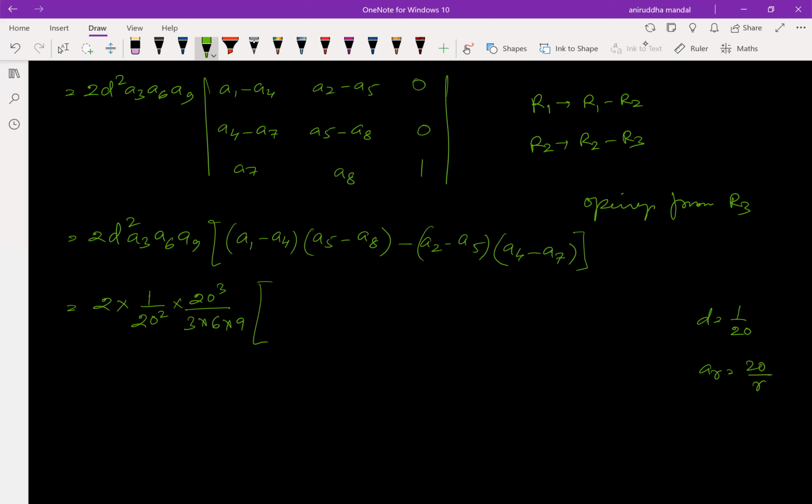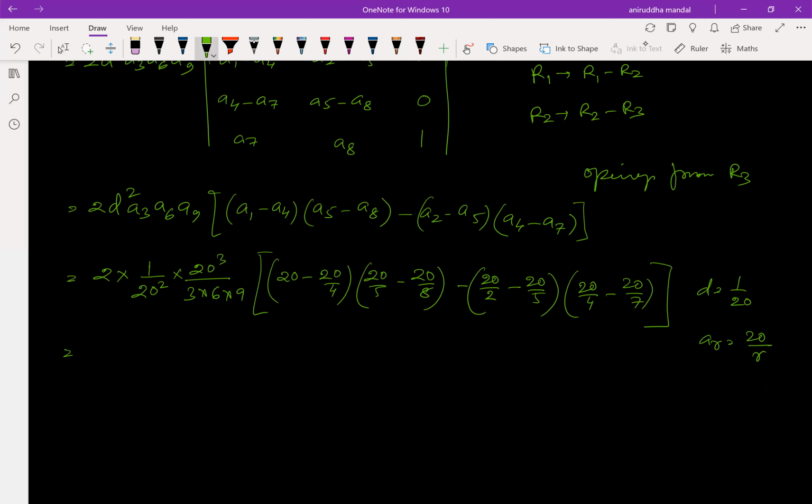Inside it is a1, which means 20; a4 means 20 by 4; a5 means 20 by 5; then 20 by 8 minus 20 by 2, 20 by 5, then 20 by 4 minus 20 by 7.